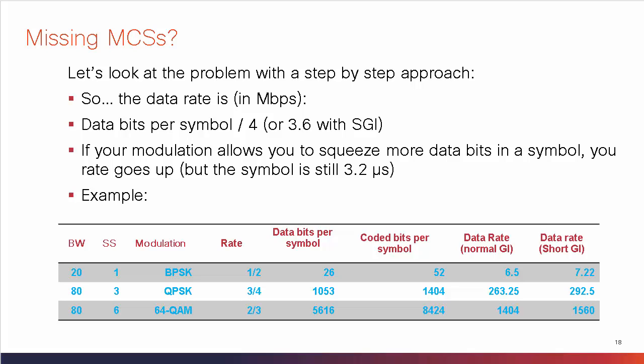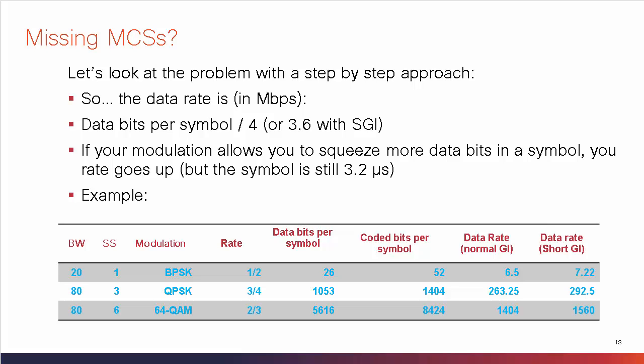So if you look at the table at the bottom, for example, on the first row, you see that BPSK, which is going to change direction to mean 1 bit every time, can actually change direction 52 times per period of 3.2 microseconds. So 52 times the wave is going to change, meaning a different bit. That's the amount of change that you can squeeze into a 3.2 microsecond transmission with that kind of technology.